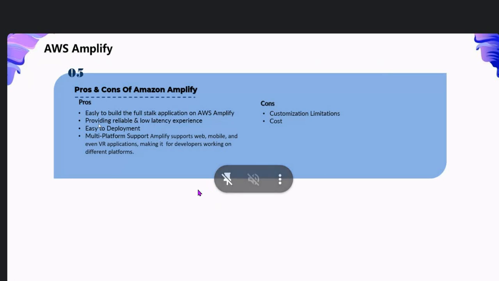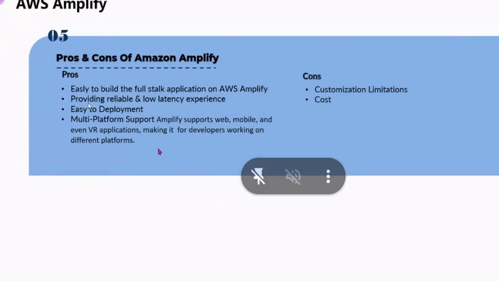Advantages and disadvantages of Amplify. First of all, in Amplify we can easily build full stack applications on AWS Amplify. Another is that it provides a reliable and low latency experience, and deployment is easy in Amazon Amplify.